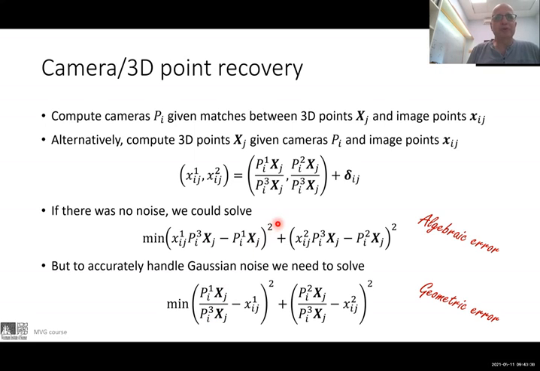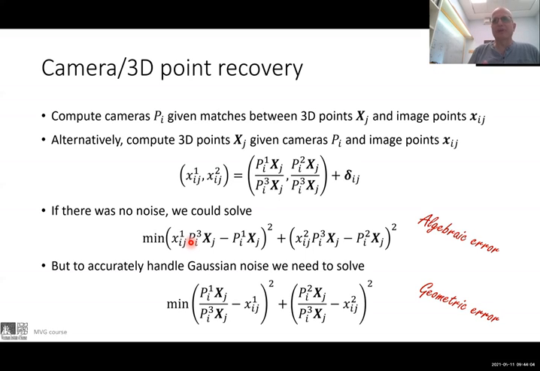Now, if you go to the first equation, you notice that it's not the case. What happens here is that you take the measurement, the x and y, or what's called here xij1 and xij2, and you multiply them by the z value. And then you take the distance to the x value of the scene.